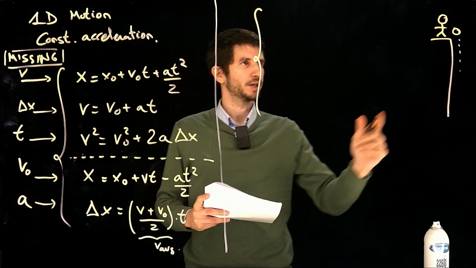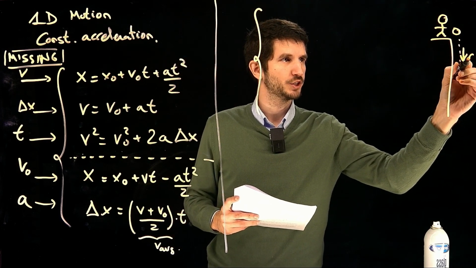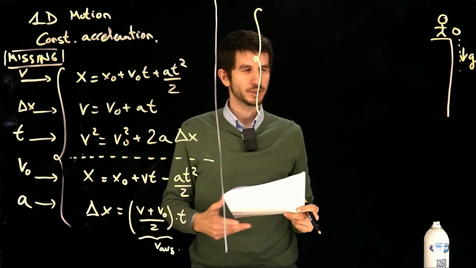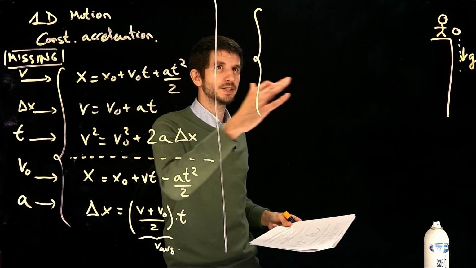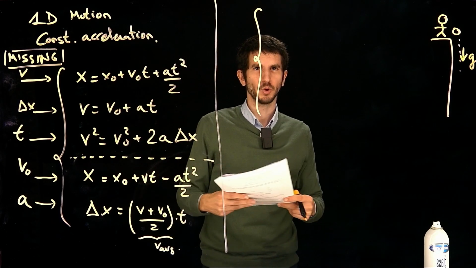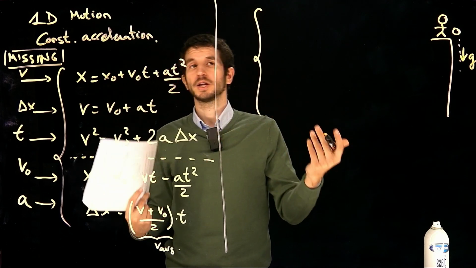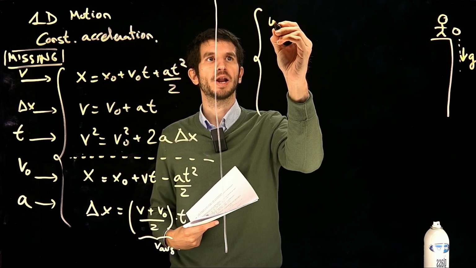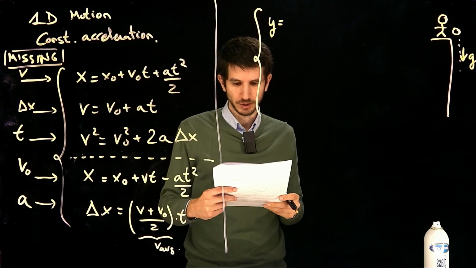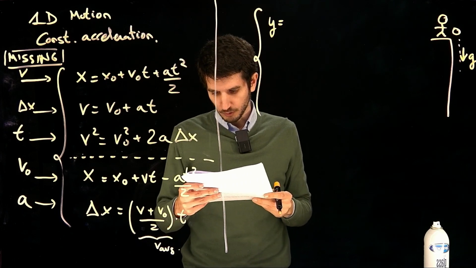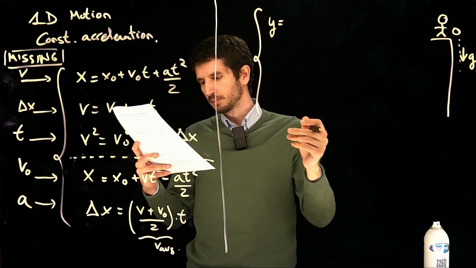The object is being accelerated with g, which is 10 meters per square second. Because we have vertical motion, we could use y instead of x. You can use whatever you like, just make sure you understand your own notation.